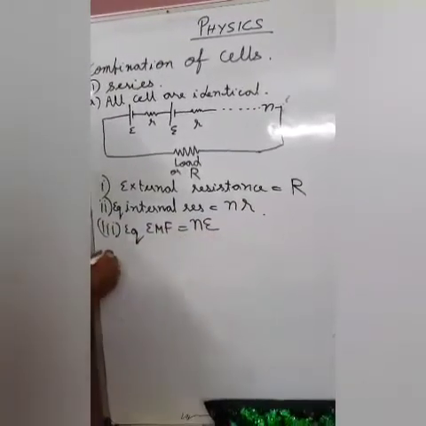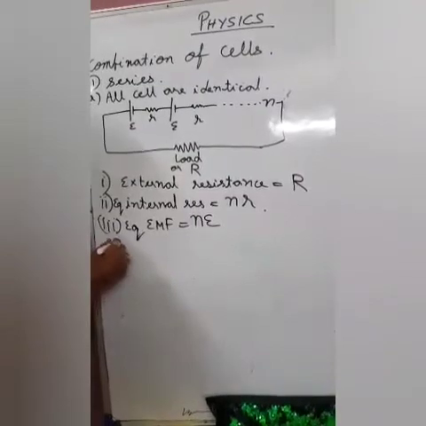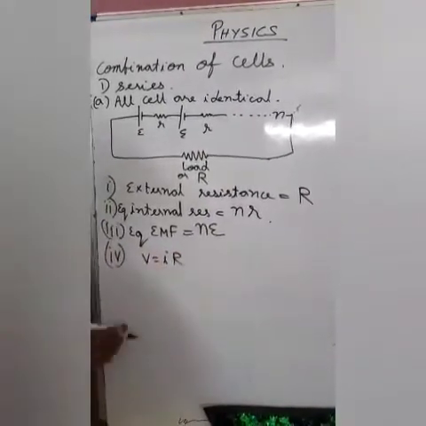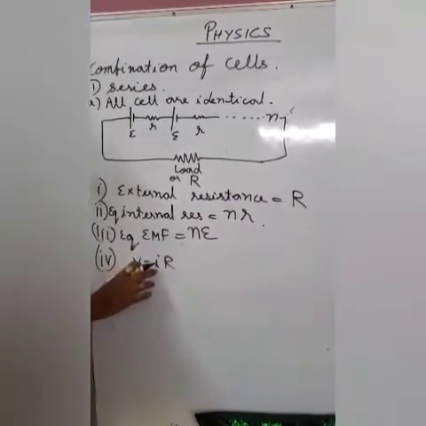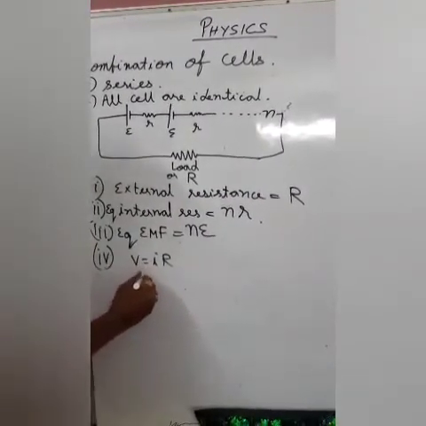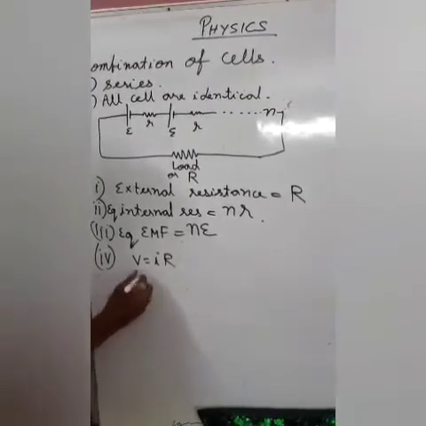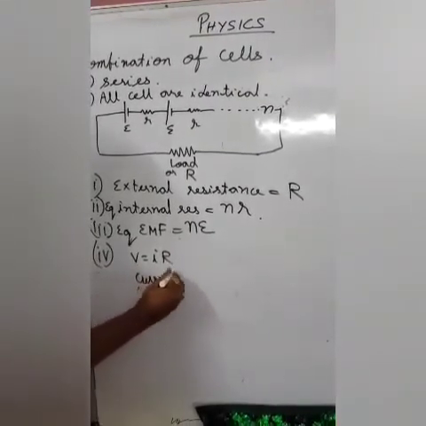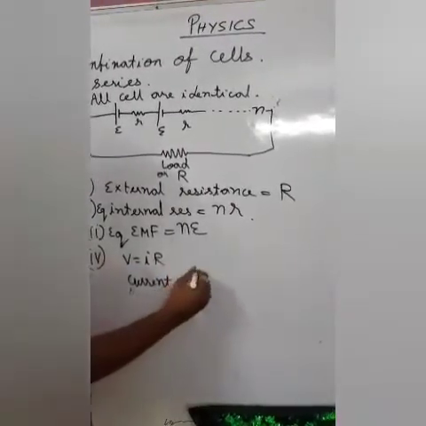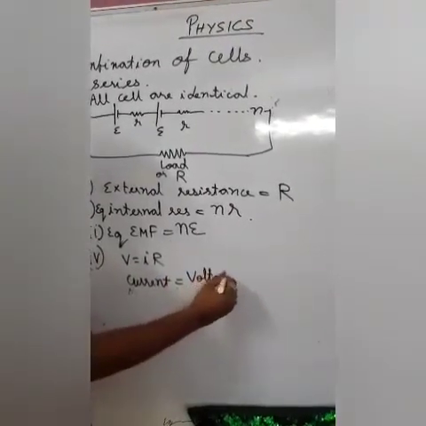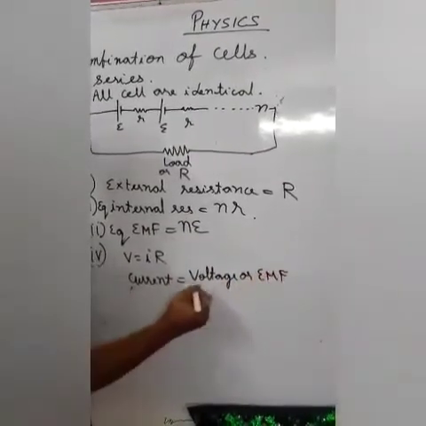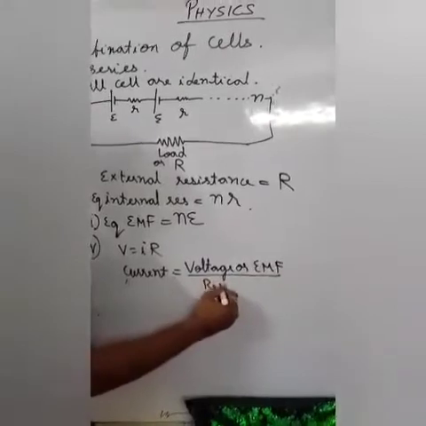Now if we apply Ohm's law, V is equal to IR, then keeping I as subject, current I is equal to voltage upon resistance, or EMF upon resistance.